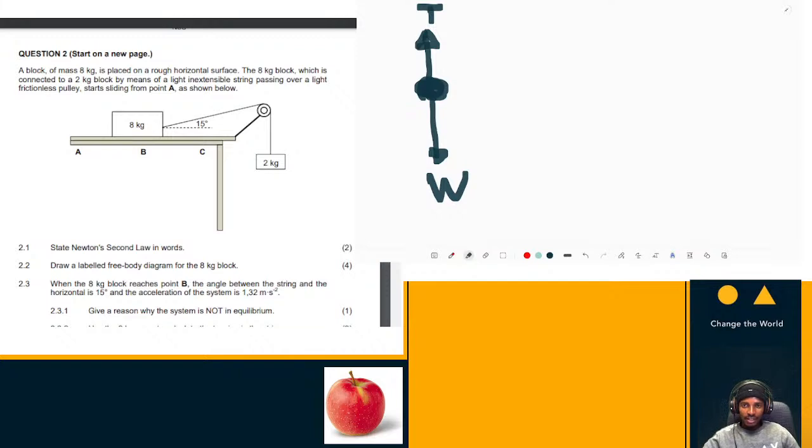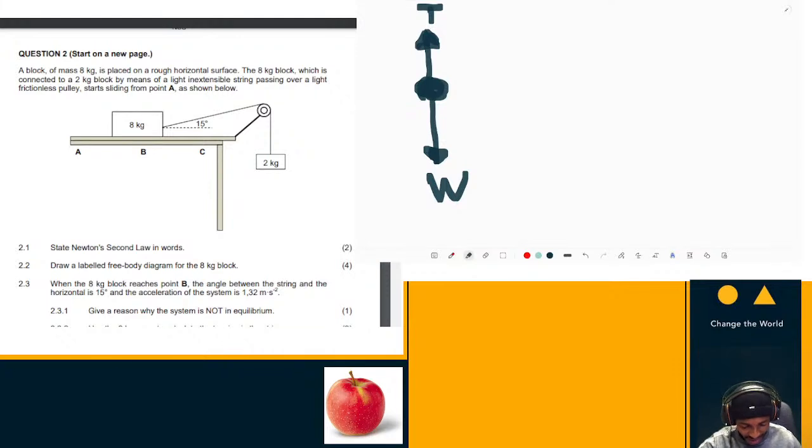Why is there no normal force? Because we define normal force as the force exerted by the surface on the object, where the object is in contact with the surface.